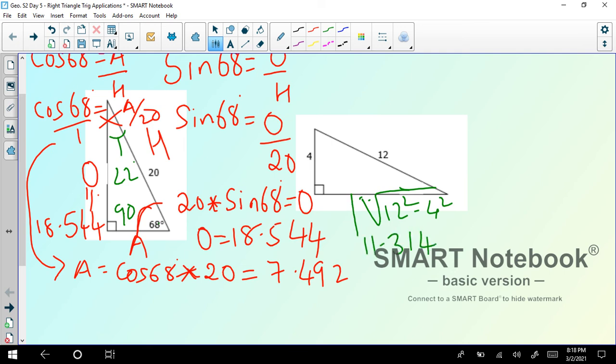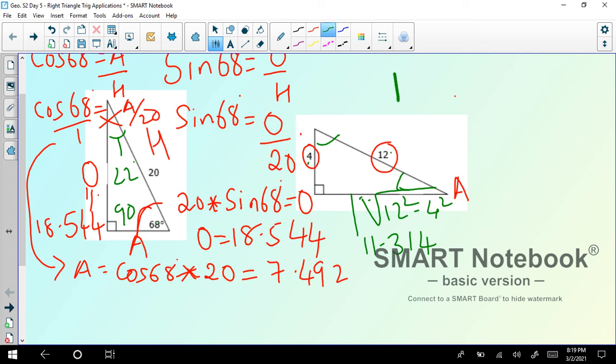Okay, I need to find these two angles. I've been given these two sides. Let's take this as the reference angle A. With reference angle of this as A, this is going to be opposite side, the 4, and 12 is going to be the hypotenuse.